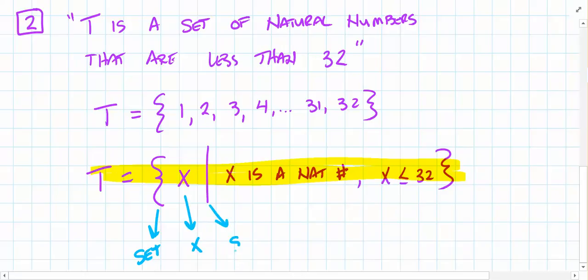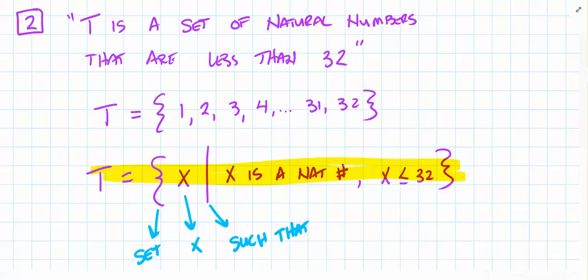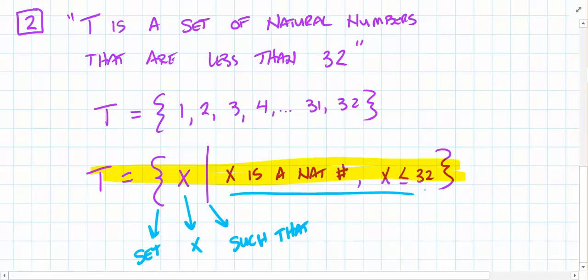You could say such that, or you could also say provided that. So it's basically contingent: you can pick an x as long as you pick an x that's a natural number that's less than 32. Anything inside here is the phrase that changes, but everything else is going to stay the same. And then we close our set off in the end.